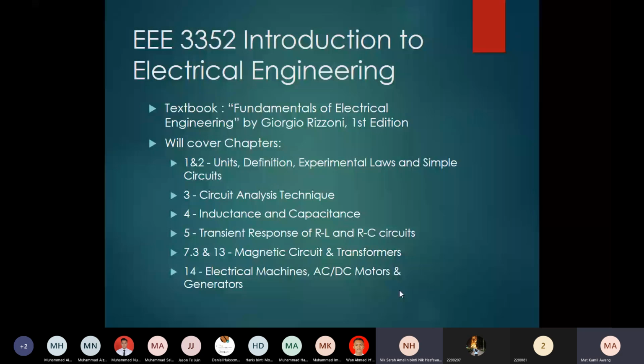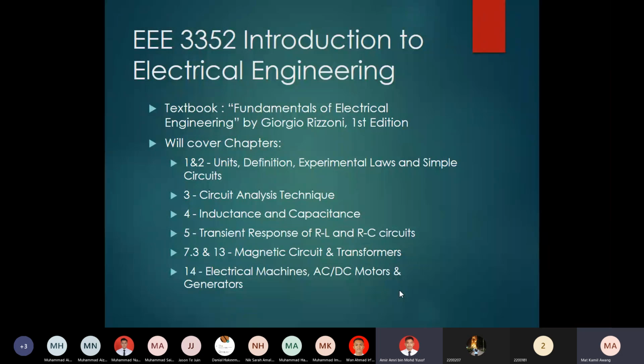We will cover chapters 1 and 2, which deal with the units, definitions, experimental laws, and simple circuits. We'll cover chapter 3, analysis techniques, which will be nodal analysis and mesh analysis, source transformation, simple circuits, and all those.